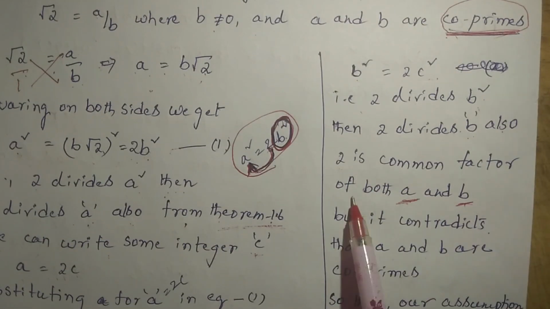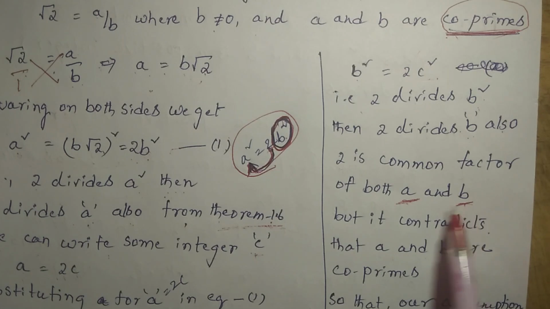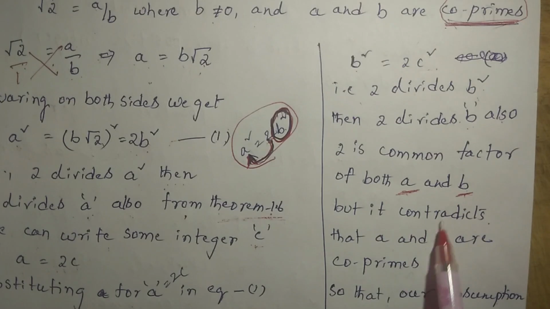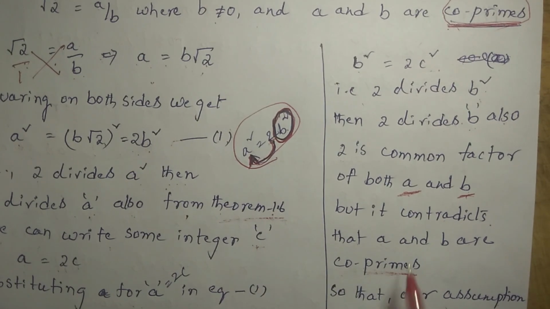So 2 is a common factor of both a and b. But it contradicts. What is that? A and b are co-primes. Co-primes means they do not have any common factor other than 1.